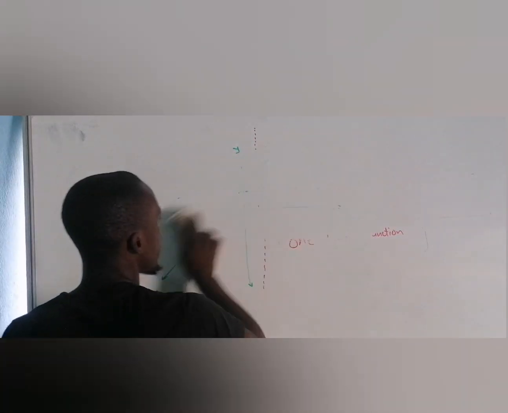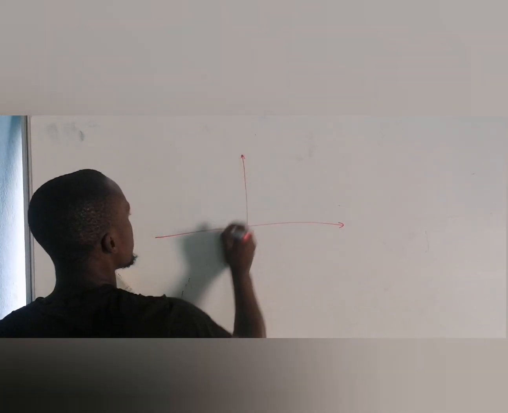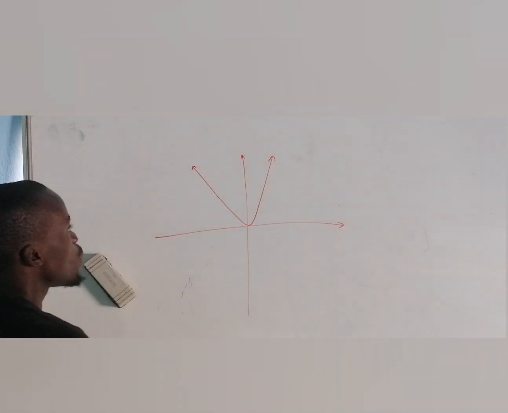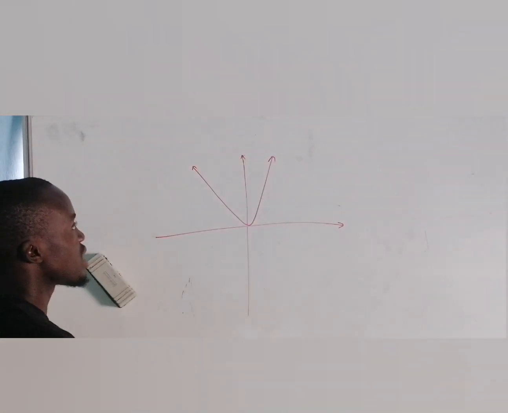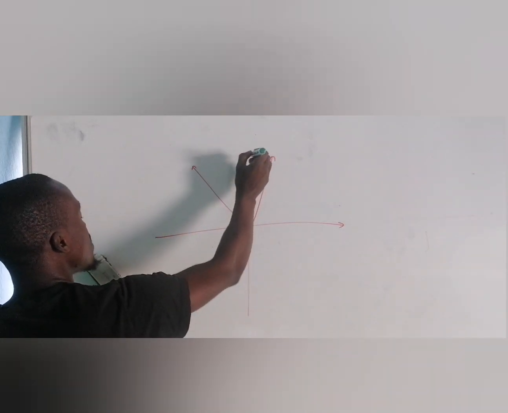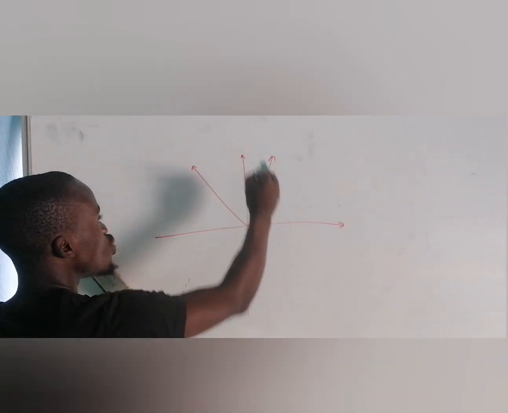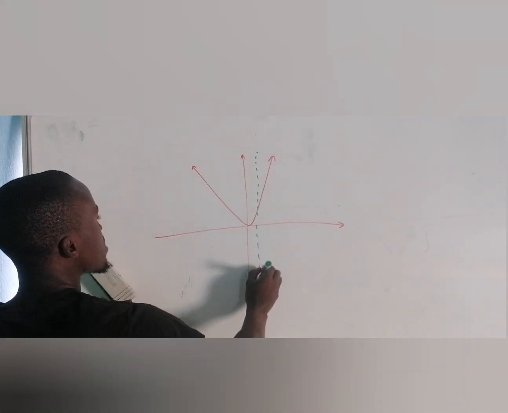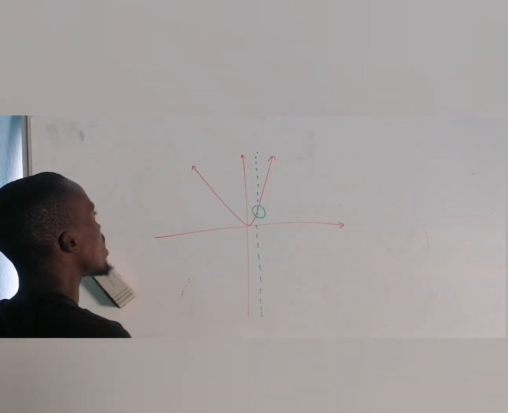All right, let's check the second example. This is a Cartesian plane. We don't know what type of function this graph is representing. The first thing is, before you use the horizontal line test, make sure that you use the vertical line test. You can see that the line touched the graph once, right?